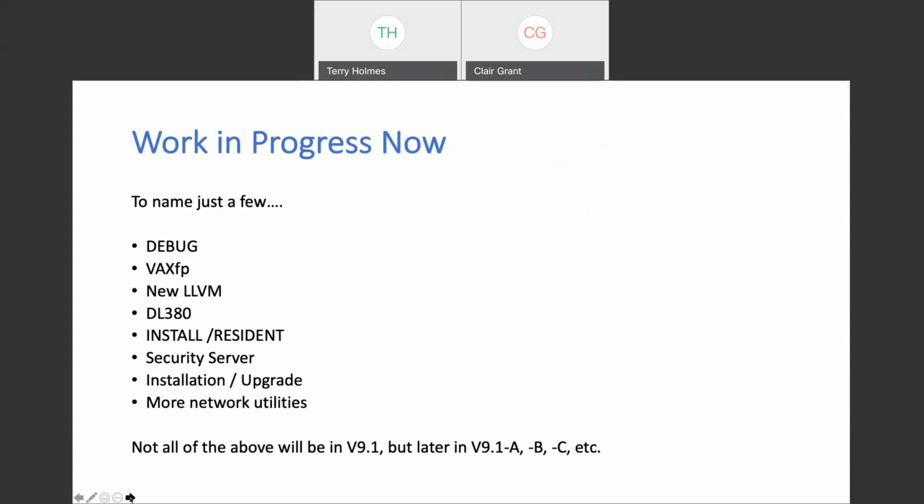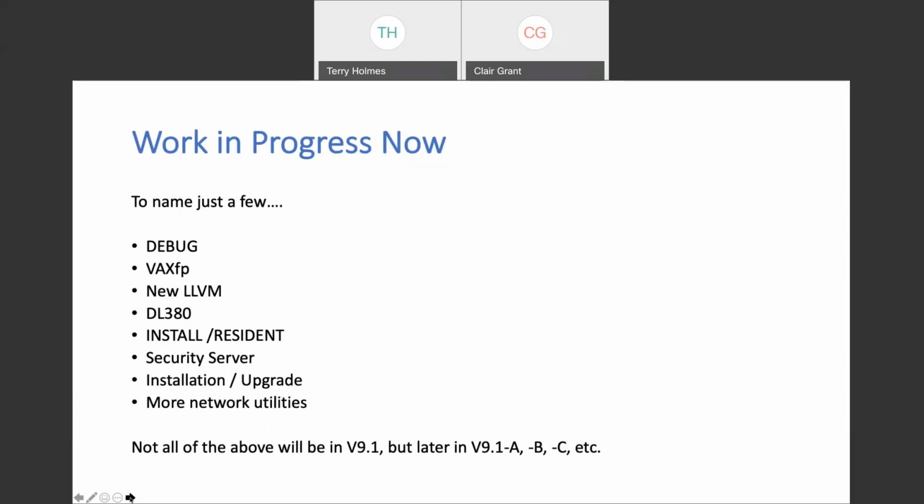This is a short list of things we have in progress now that are working towards some version of 9.1. We know a big stumbling block for people doing development is you don't have the user mode debugger yet. VAX floating point data types, still an issue, and we know that that's true and in the works.